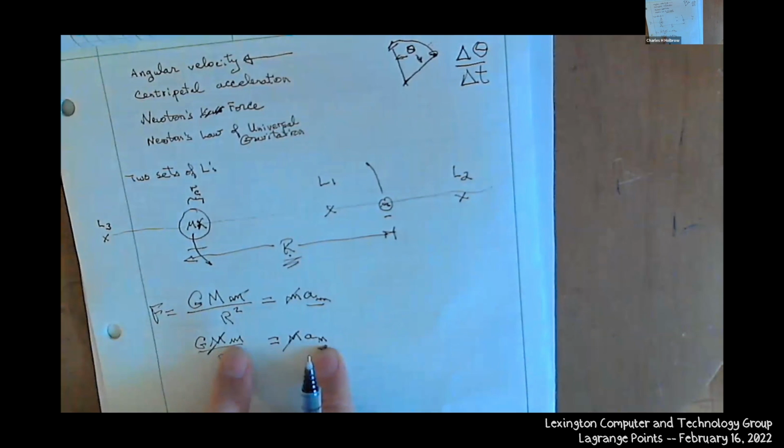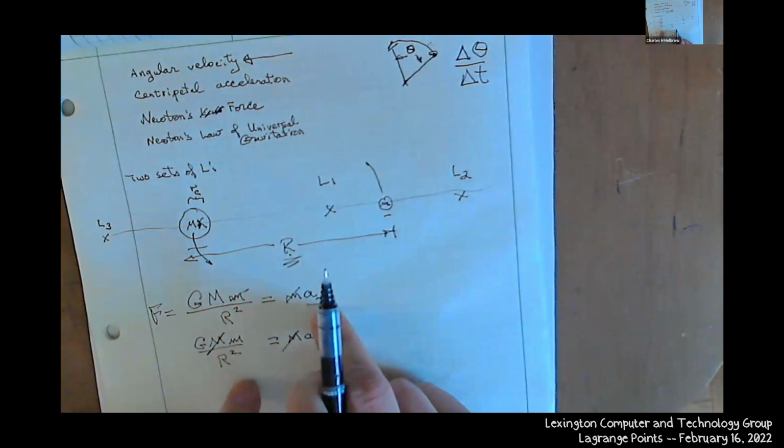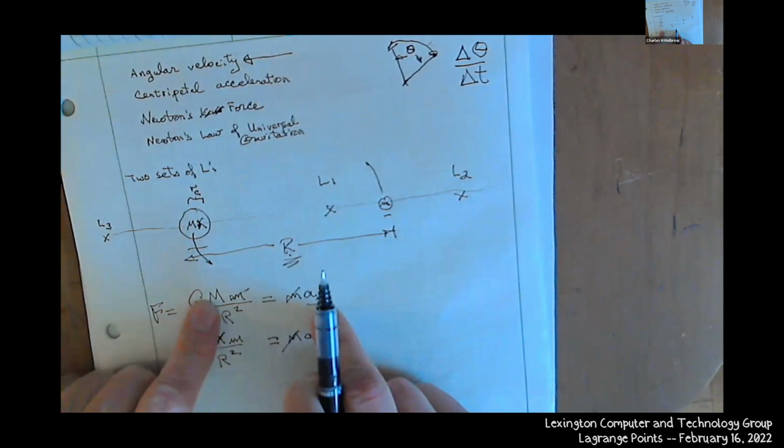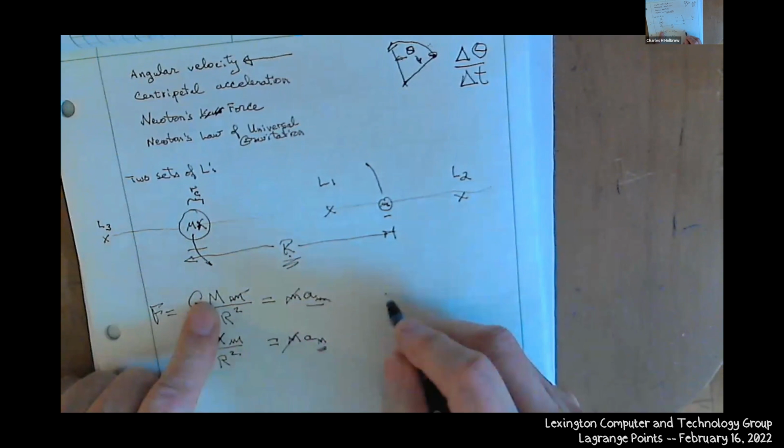And the acceleration of the Earth is proportional to the mass of the sun. The ratio is the mass of the Earth to the mass of the sun.